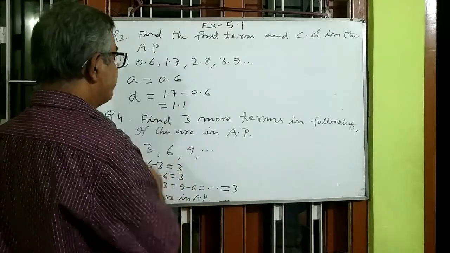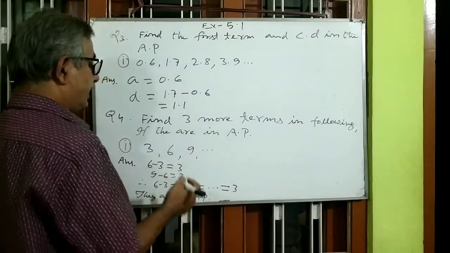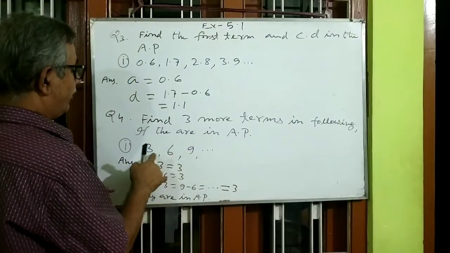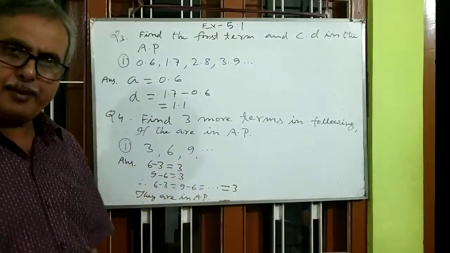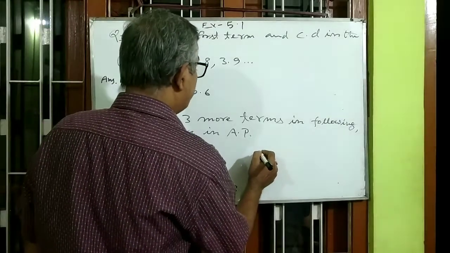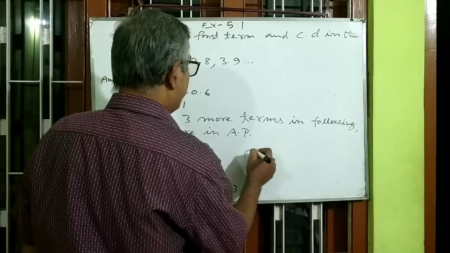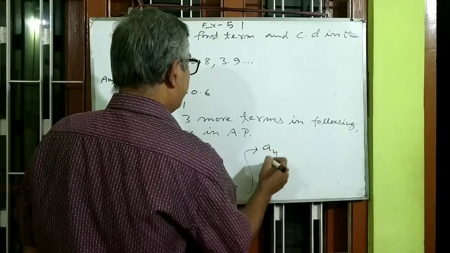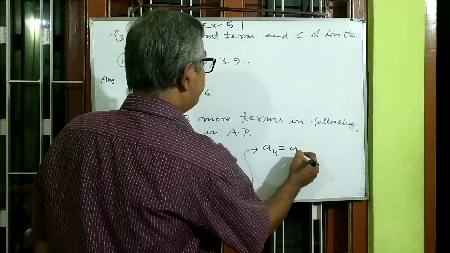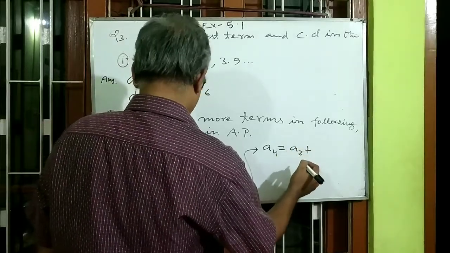Now 3 more terms you need. How can you find them? First term, second term, third term are given, but suppose you are going to find the fourth term. Fourth term is A4. A4 is equal to A3 plus common difference.